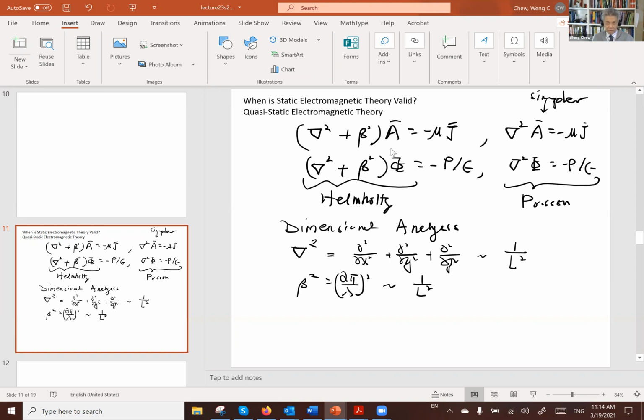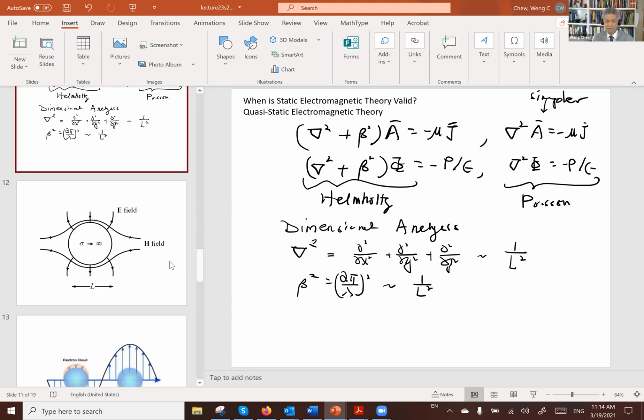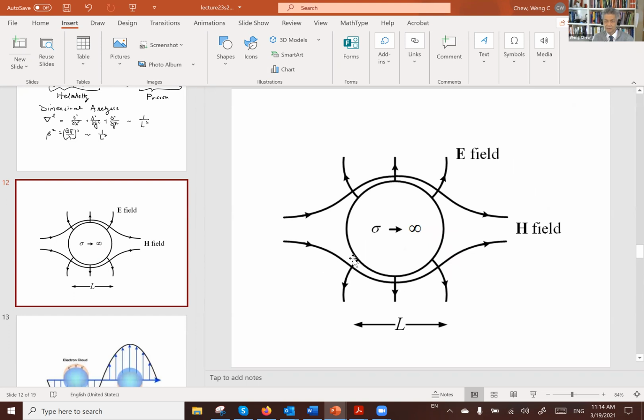Well, I did a number of dimensional analysis in the lecture notes, but I'm going to cut through the chase and use a short argument here. And I want you to eyeball this picture. This picture is the picture of an electric field and magnetic field in the vicinity of an object.